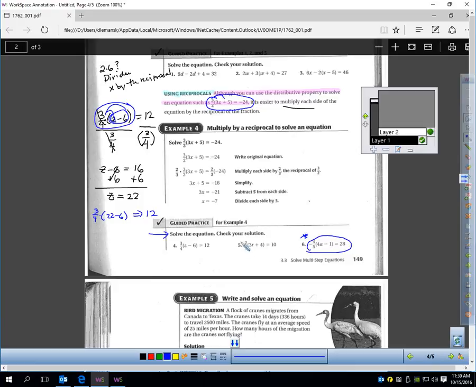Or here, same thing, number 5, you notice how we have the distributive property on the left and a numerical amount on the right. Instead of distributing first, you could elect to divide each side by 2/5, and after you do that, you'd have a simple two-step problem to solve. Okay? So that's what they mean here. This is one situation that breaks the rule of you must simplify first. We could actually do this problem without simplifying first.